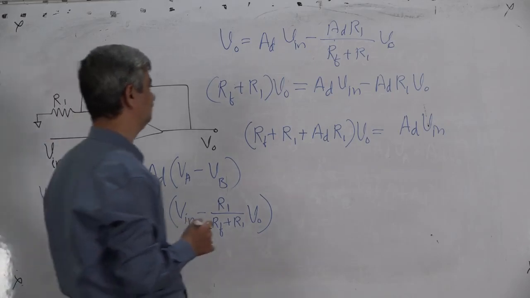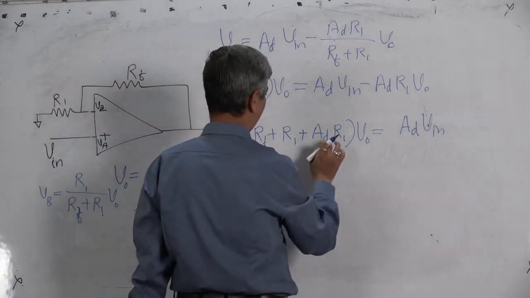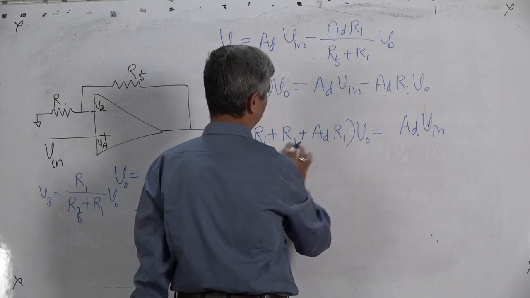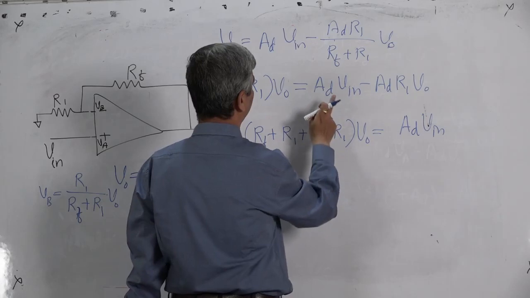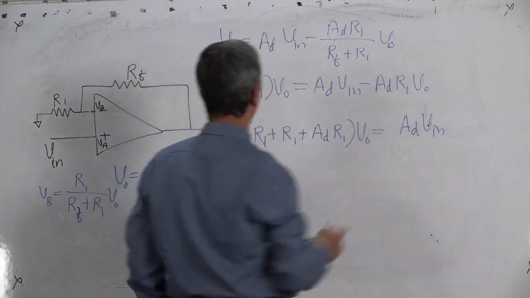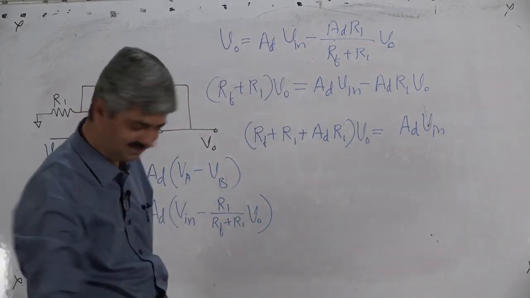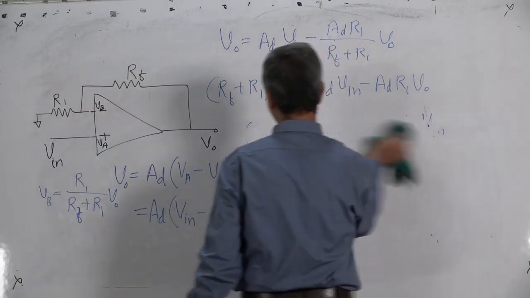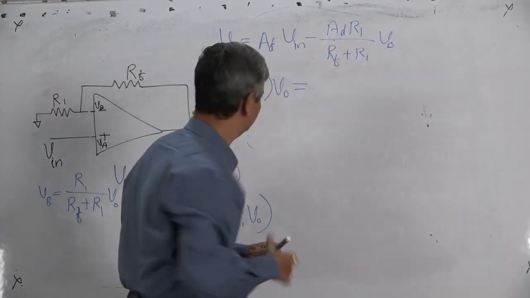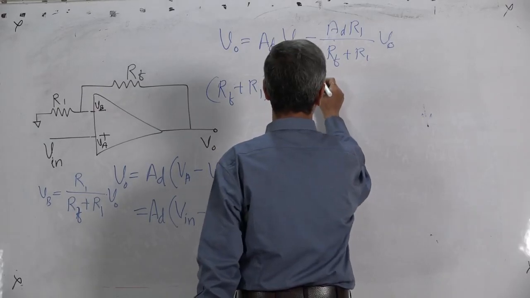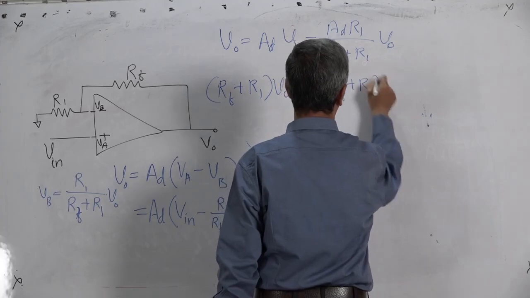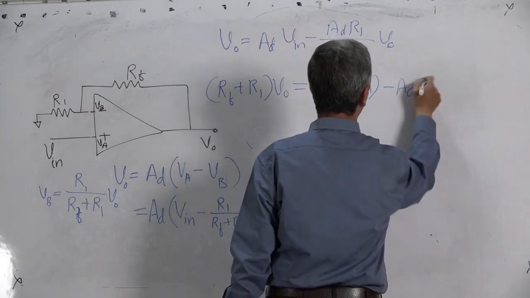Now, what can we have? R1 common here. Everything is fine? Oh, there is some mistake which you should have told me. It should not have happened, that this should come here also. That is, AD into RF plus R1 minus AD R1 VO.